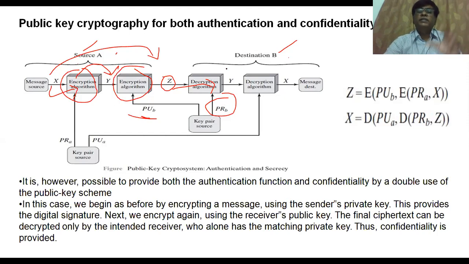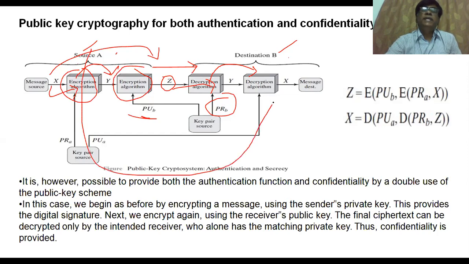That means B received a box that can be opened by B's private key only. Nobody else can open that box. So secrecy is there. And after that, B again decrypted that box using A's public key.